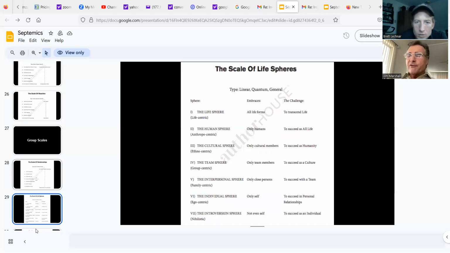Okay, the scale of life spheres. Now, this is something that people are not going to understand initially because I had to create the term life spheres to describe this phenomenon. So here's what I mean by life spheres. Life has different strata, and they exist in a scale. At the bottom, the introversion sphere, that's a nihilistic person.